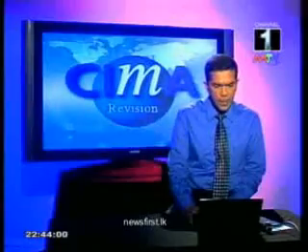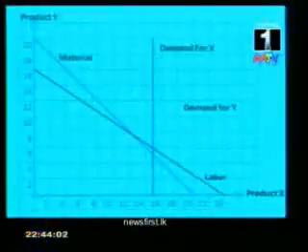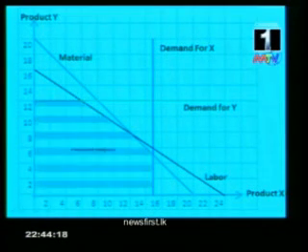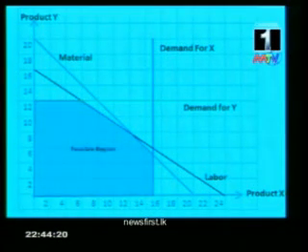Let's look at this simple exercise in the graph, where we have two demand constraints, demand for X and demand for Y, on the Y-axis and the X-axis properly demarcated, and then we have two constraints, material and labor. All these constraints will form a feasible region, and this is not a difficult task for the students to identify the constraints and the feasible region.